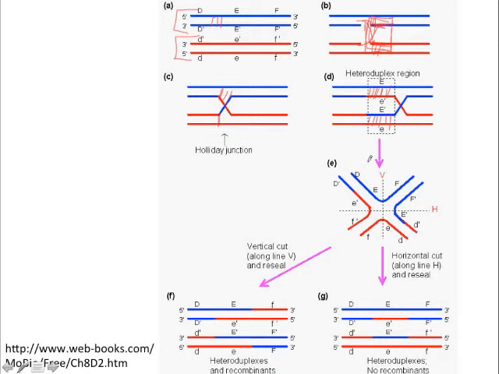So if you have the same sequence or virtually identical, maybe there's a bit of a mismatch, maybe there's an A that now needs to pair with C instead, but if they're mostly the same, you can get this homologous recombination event happening, where one strand invades into the other. We create a Holliday junction, branch migration, and now in order to finish the recombination, we're going to have to resolve this Holliday junction right here.